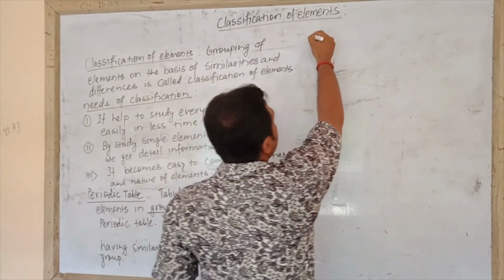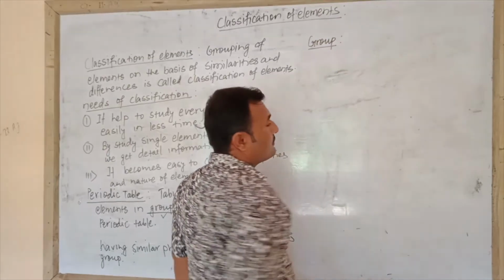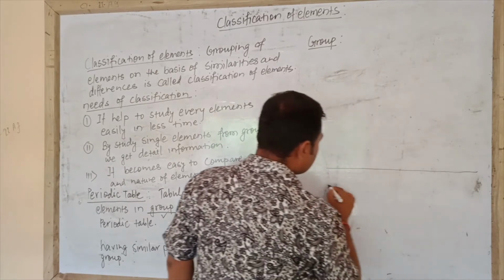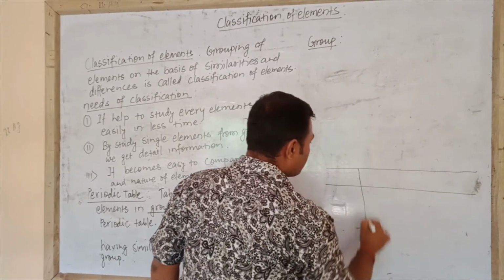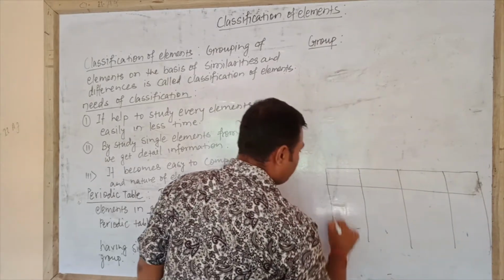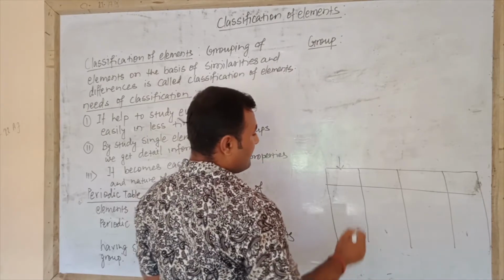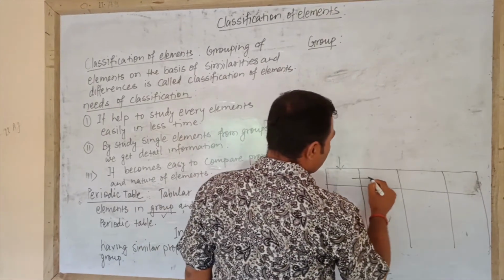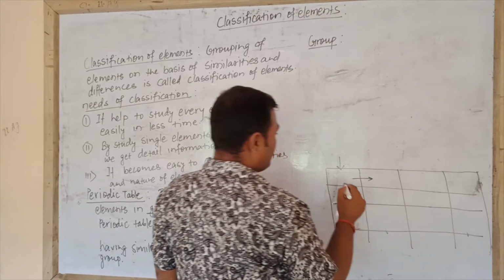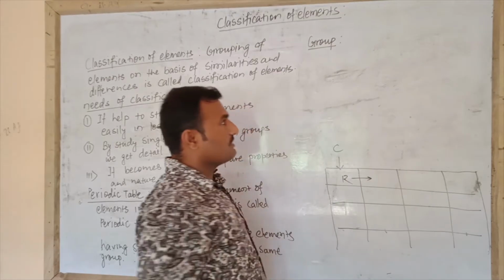How do we define a group? In a periodic table, or in any table, we find two types of lines: the vertical line, called a column, and the horizontal line, called a row.